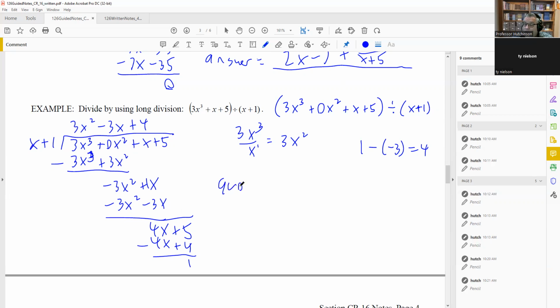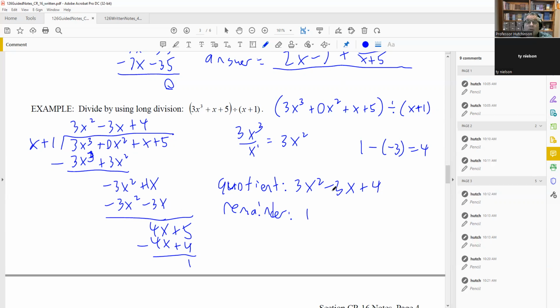So for this, the quotient is going to be 3x squared minus 3x plus 4. And then the remainder is 1.